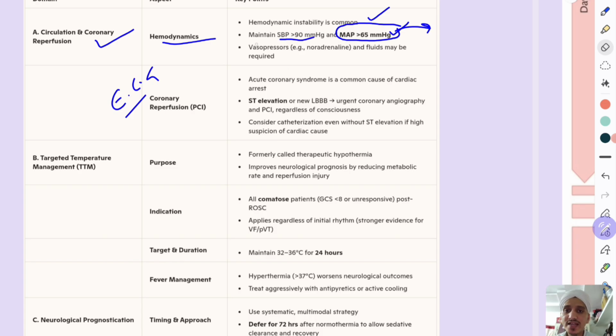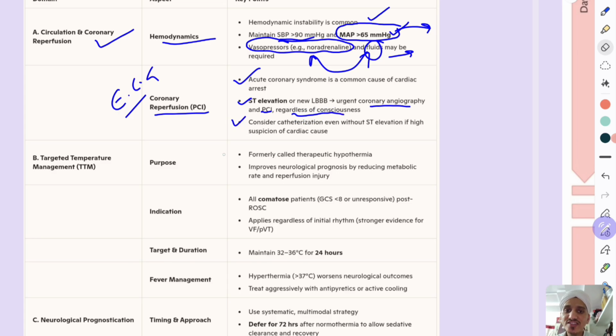To do that, vasopressors may be required, like noradrenaline, which is the first choice, and fluids with vasopressor may be required, and in some cases dobutamine also. The second thing is coronary reperfusion by PCI. Acute coronary syndrome is a common cause of cardiac arrest. With ST elevation or new LBBB, urgent coronary angiography and PCI should be done regardless of the consciousness of the patient.